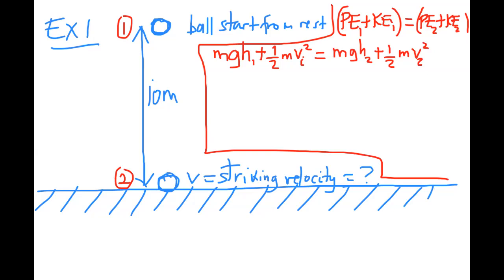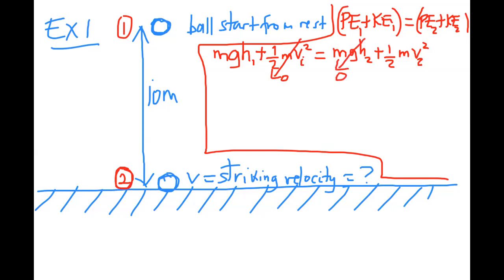Now I realize that the ball starts from rest, so this component goes to 0. And I realize that height at position 2 is 0. There's no height at position 2 right here because the ball is on the ground at a reference line. So this goes to 0.